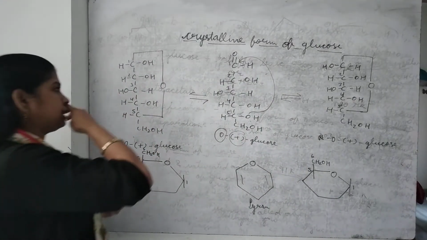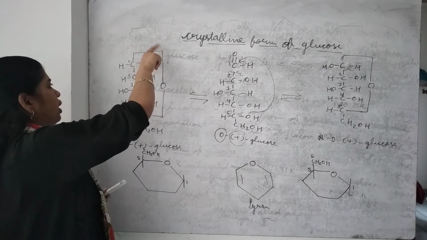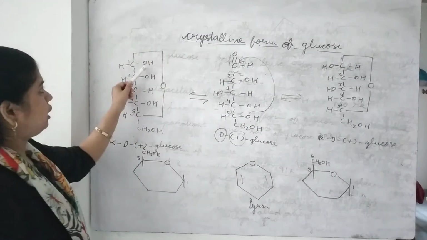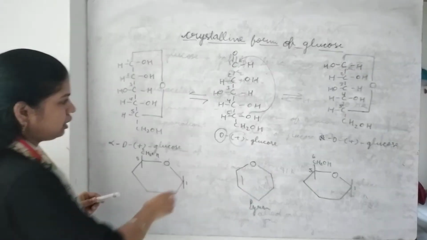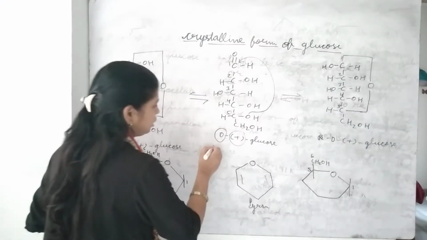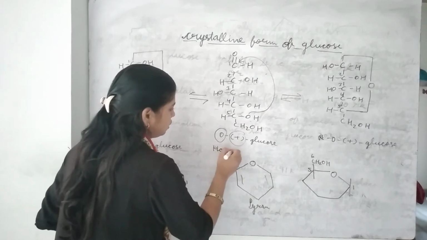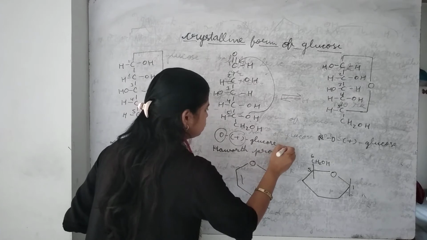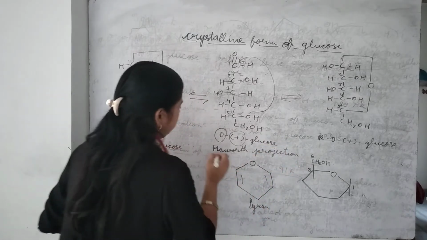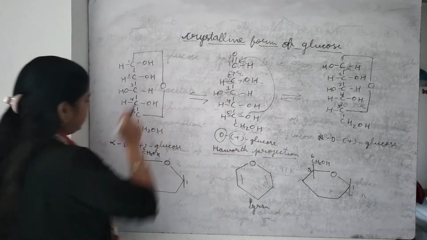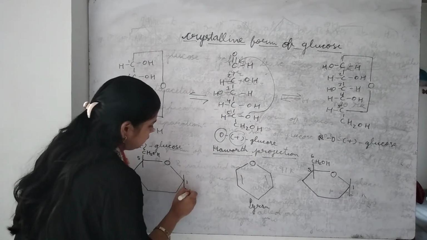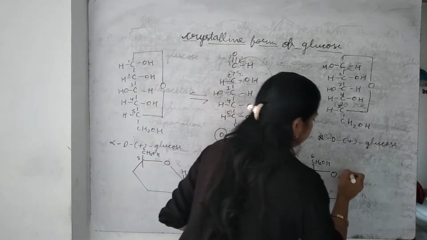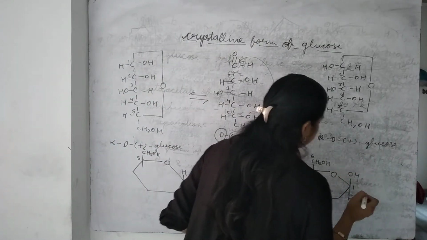Now, as I had discussed, OH on right hand side shows clockwise rotation, and if OH is on right hand side in this Haworth projection, then it will be written downward, and in beta form, OH is on left hand side, so it will be written upward.